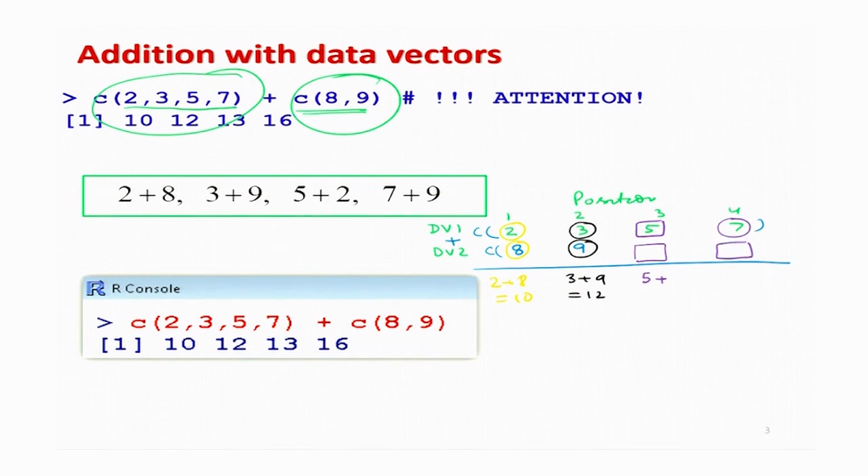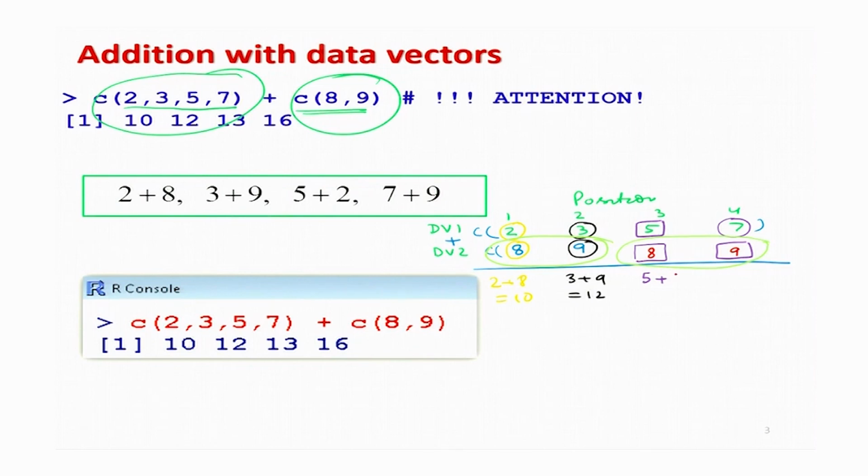So, now what R is going to do is the following. It will try to consider the first two values and copy and paste them in the second two values. So what will happen here is that these two blank places will be replaced by 8 and 9 exactly in the same order in which they are written, and then the operations will be done.